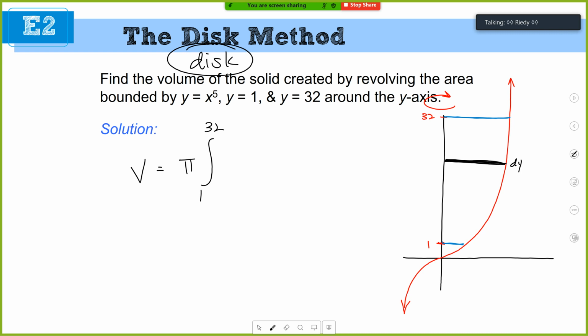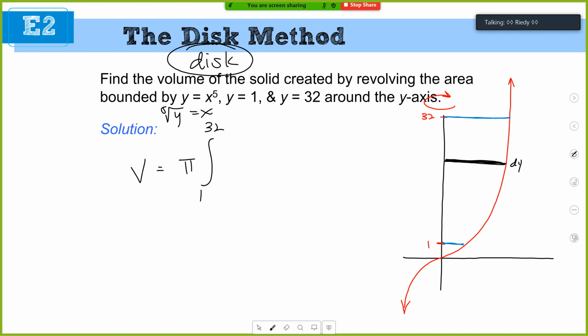And now I need the width of that rectangle, which is also our radius. The problem is my function is in terms of x. Therefore, I can do a quick calculation here, and x is equal to the 5th root of y. Because again, if my rectangles are horizontal, everything needs to be in terms of y.